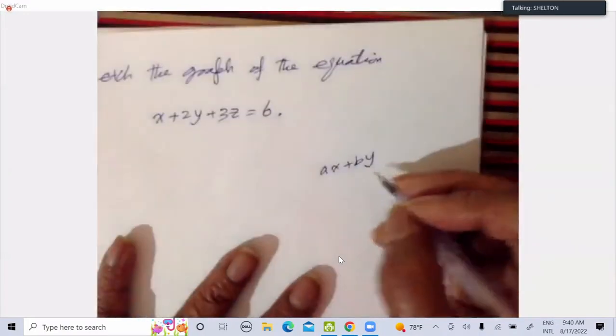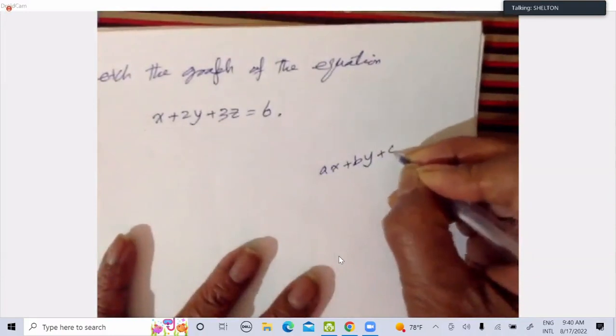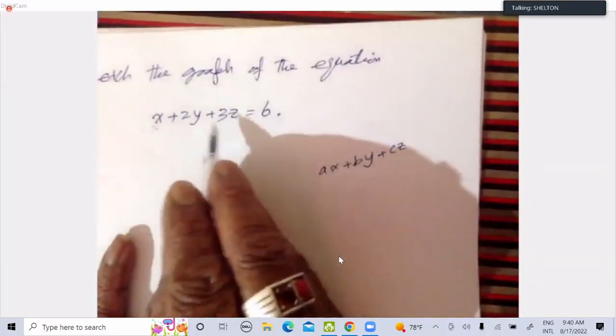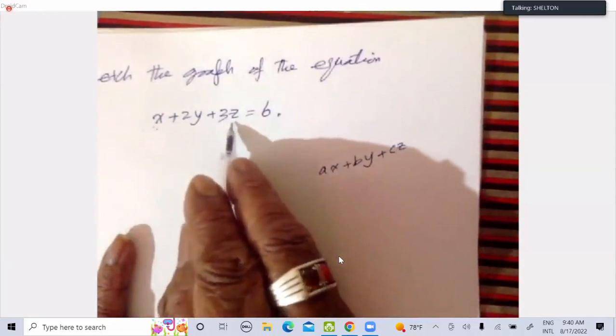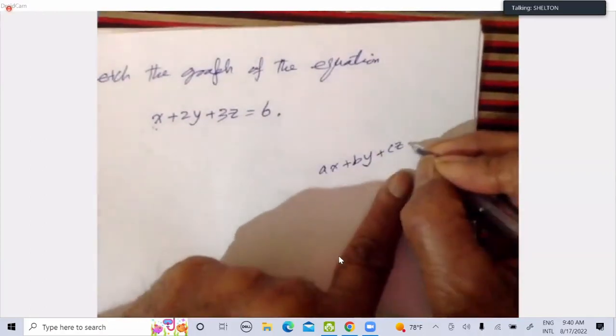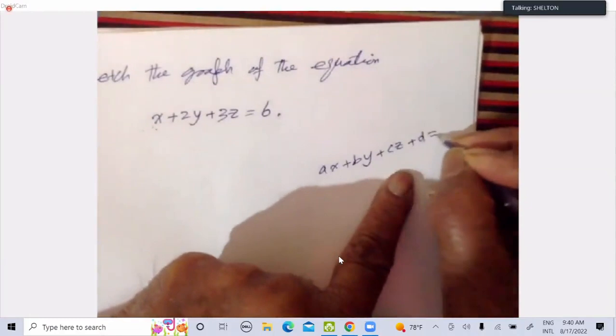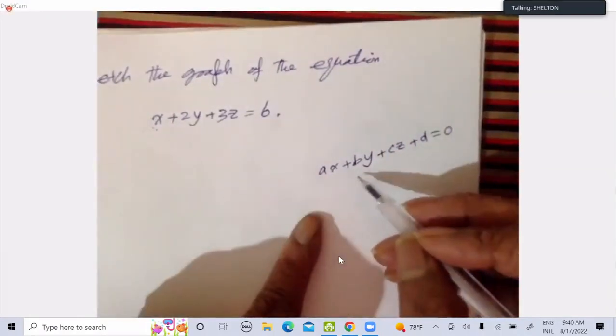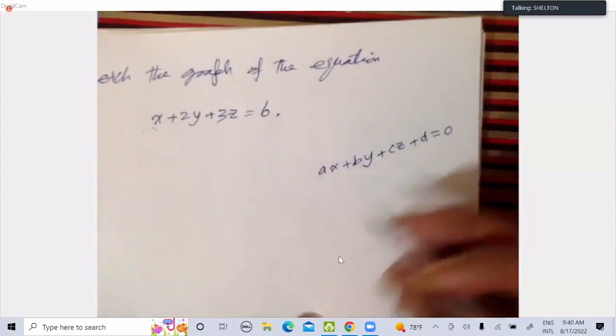Similarly, ax plus by plus cz plus d equals 0 is a linear equation in x, y and z.